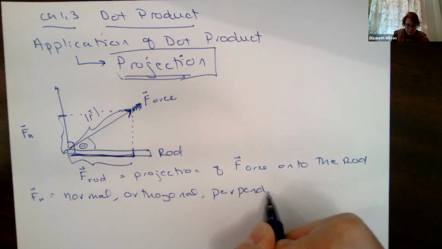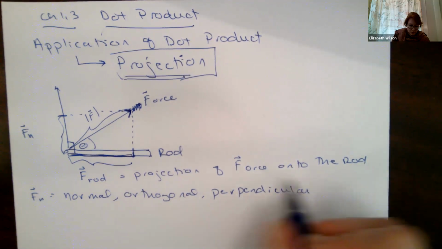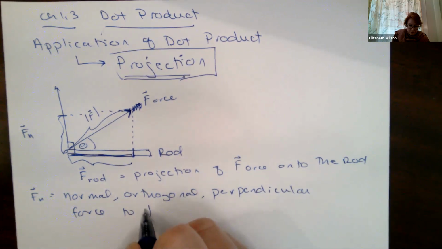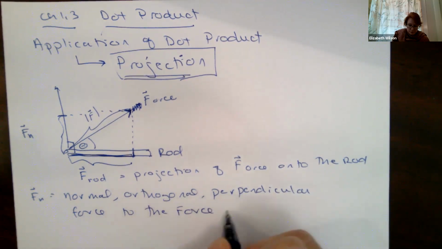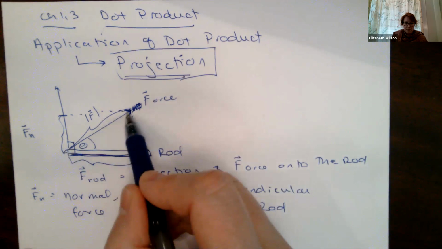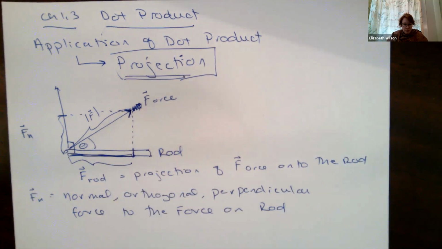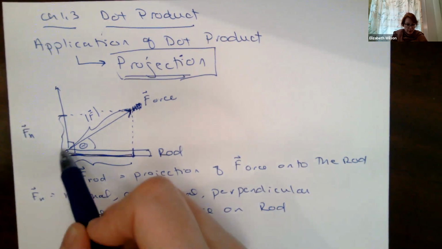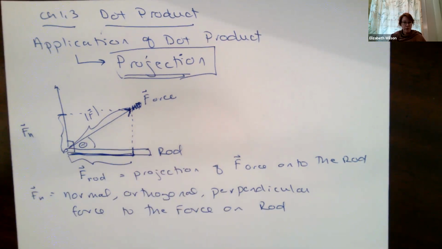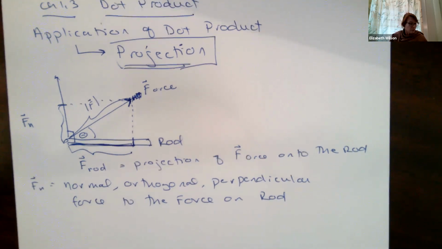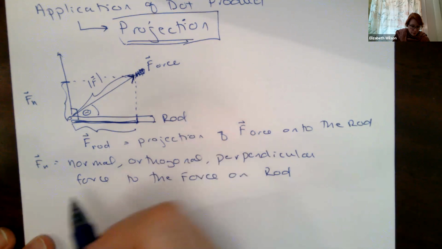Perpendicular force to the force on the rod. So there are multiple components here. Say I've got my force, which is at some angle. I'm going to project that onto my rod. Then I've got this portion that's at a right angle. It's orthogonal, it's normal to the force that's being put onto the rod.